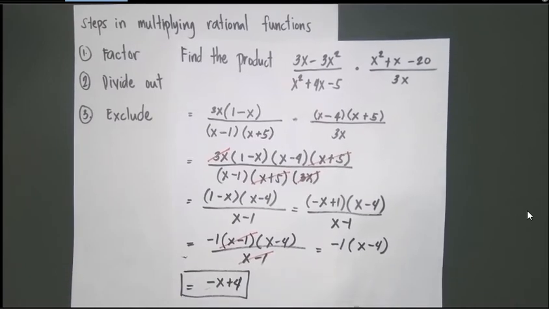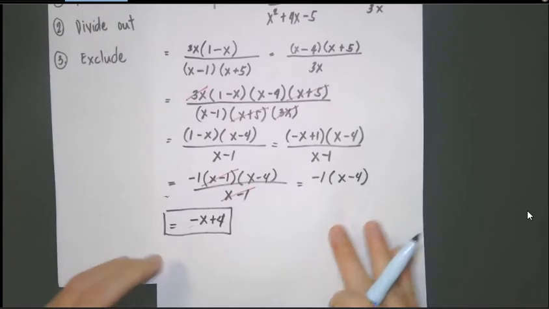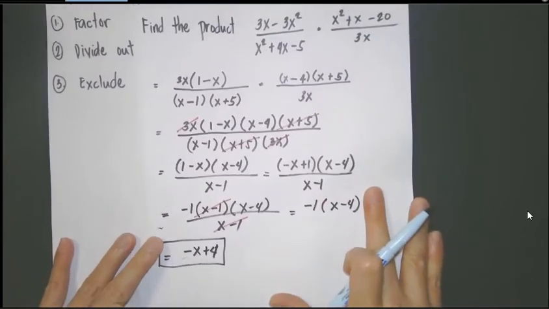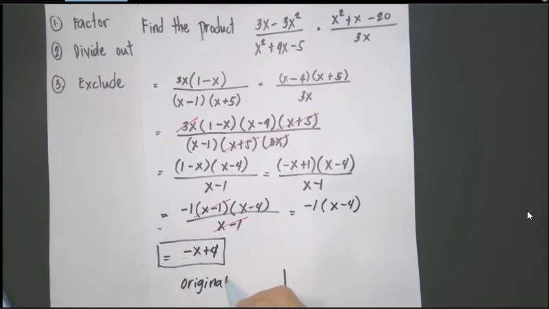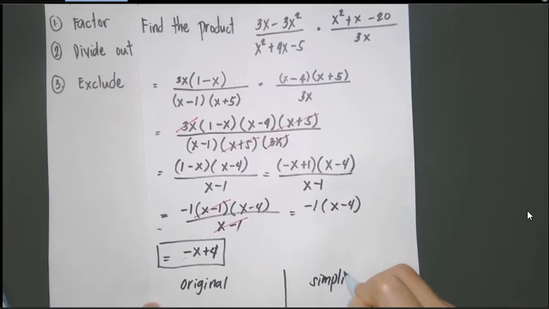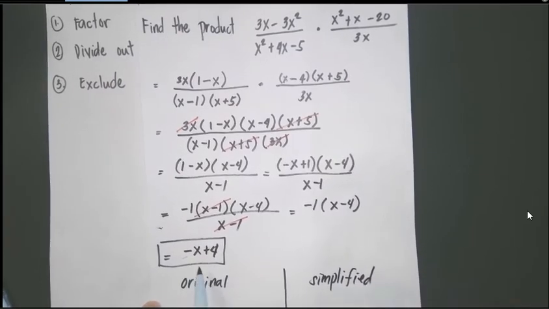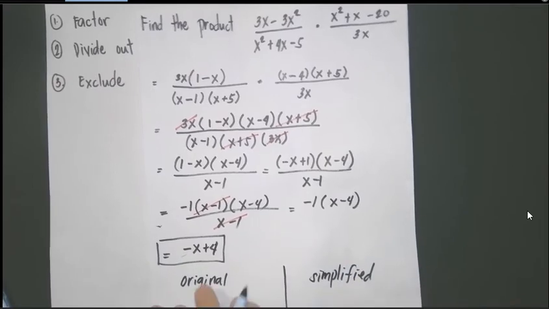Now to find the excluded values, let us use again the comparison table here. You want to write here your original expression, which is the given, and here your simplified expression. When you check the simplified expression, it is not a fraction, meaning we don't have an excluded value because the denominator is 1.